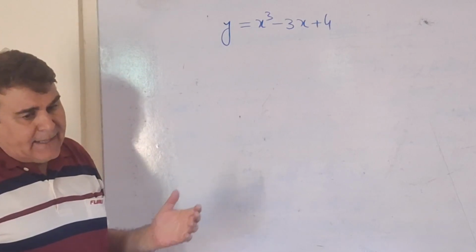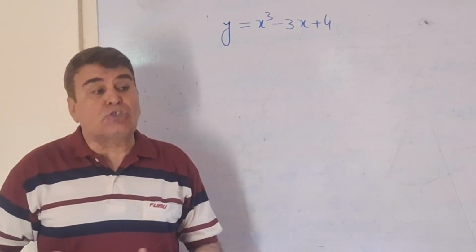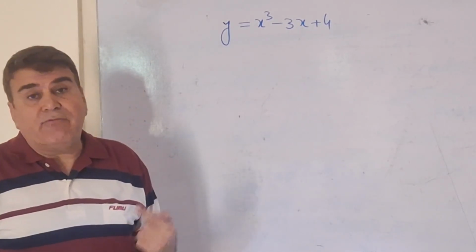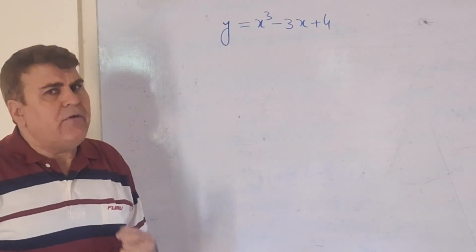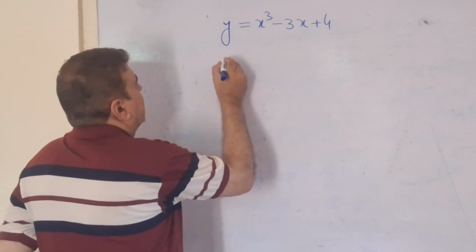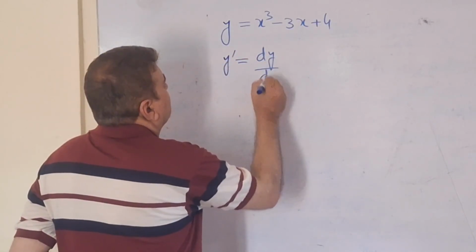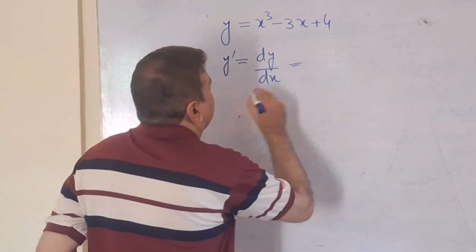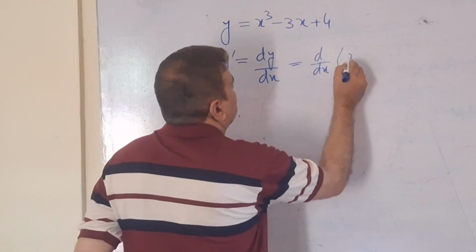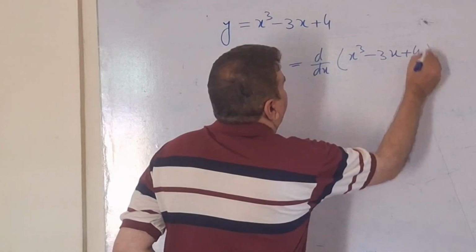So in order to find the equation of lines, we obviously know the slope of the lines, and we know that the slope can be found from the derivative of the function. So first I want to find the derivative of this function, and that's quite easy. Now we can use that y prime equals dy by dx, and this can be written as d over dx of x cubed minus 3x plus 4.